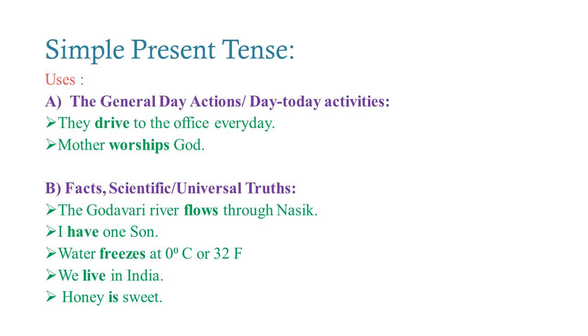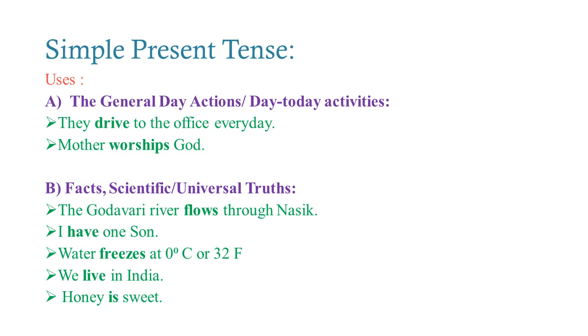When we talk about general day actions or day-to-day activities, we use simple present tense. For example, they drive to the office every day. Mother worships God. Driving and worshipping are day-to-day activities. So, we have used simple present tense.